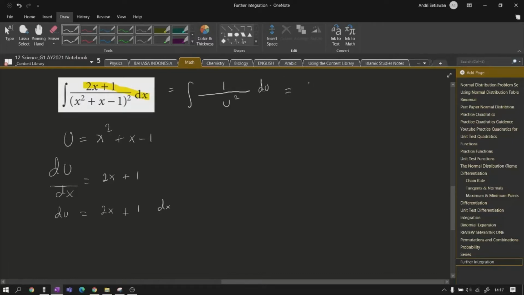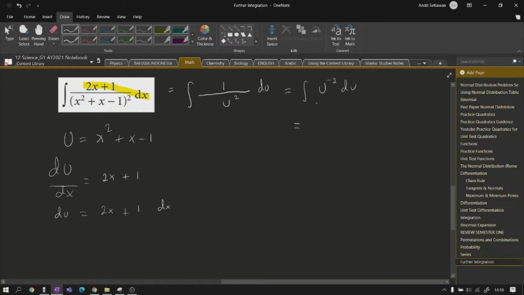But you have to make it u power minus 2 du, because an integral cannot be solved if the base of the integral is a fraction. You have to make it not a fraction or product. This is the integral of u power minus 2 du, because u power 2 was in the denominator, so we move it above, so the power must be -2.